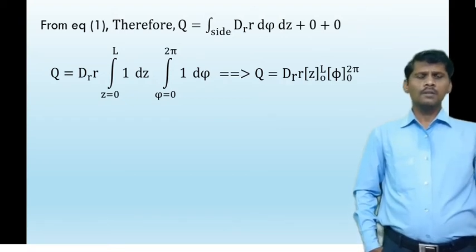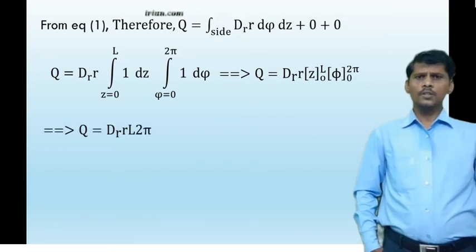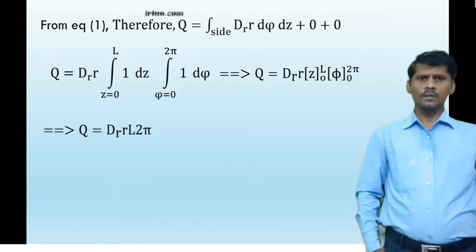Applying the upper and lower values of z and phi, we get Q is equal to Dr into r into L into 2 pi.